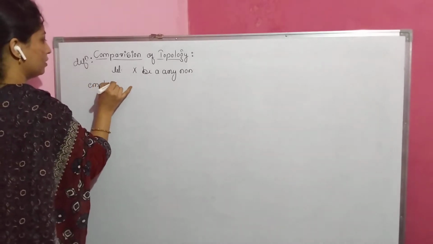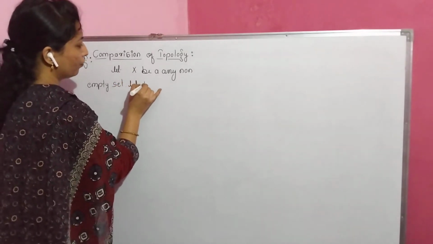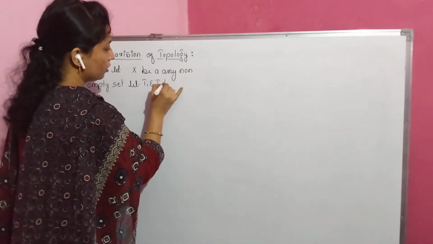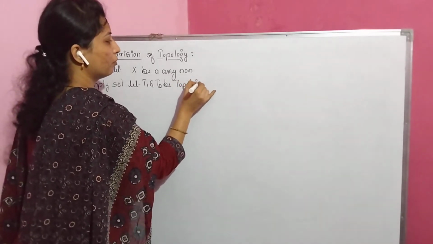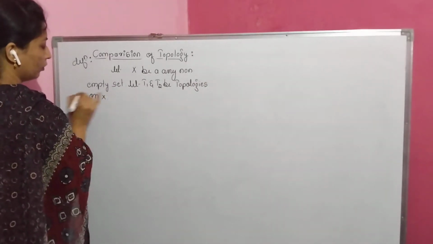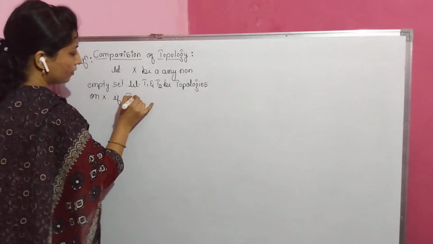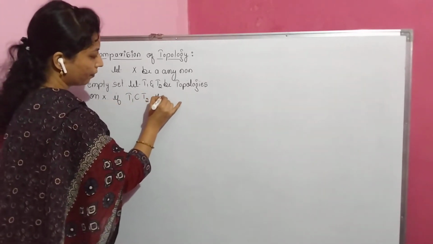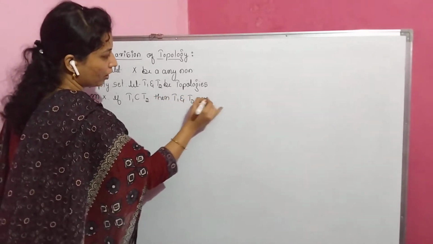Let T1 and T2 be topologies on X. If T1 is a subset of T2, then T1 and T2 are comparable.